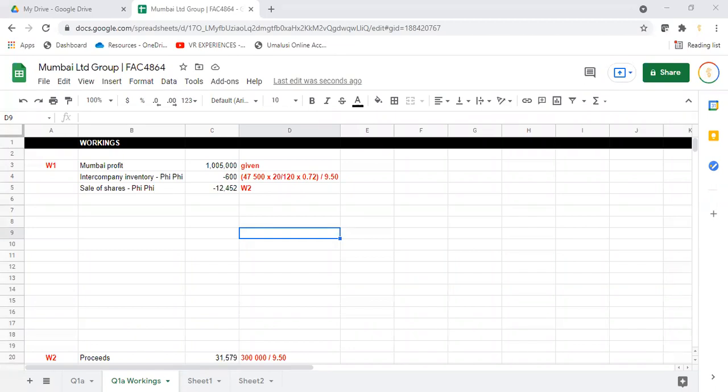The contingent consideration on 1 August 2017 was 25,000, and on 31 August 2017 it was 30,000. But we are not in the 2017 financial year, we are in the 2018 financial year. In the 2018 financial year, the fair value of the contingent consideration is now 42,000 Rand. That will impact Mumbai's profit from a group perspective.